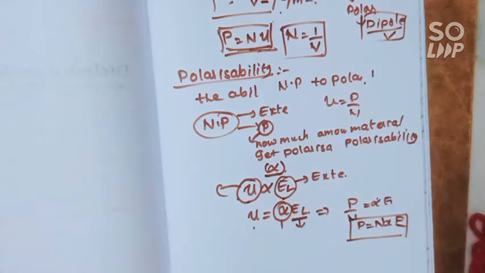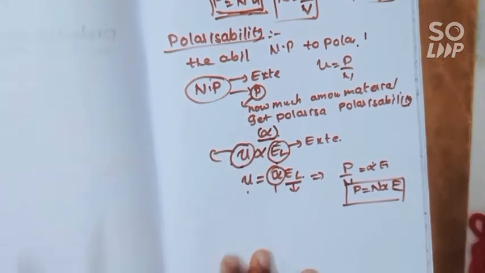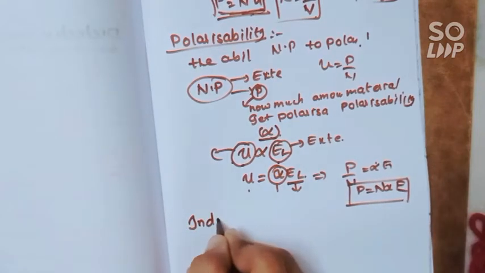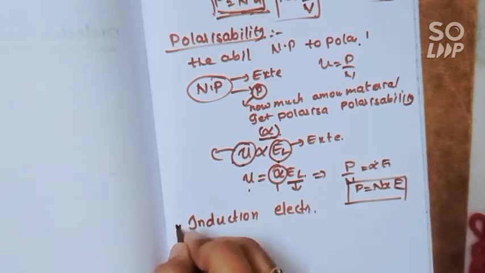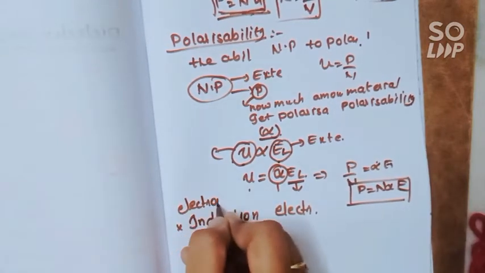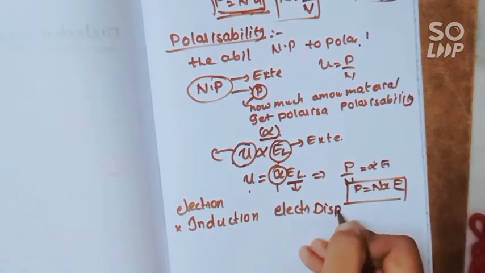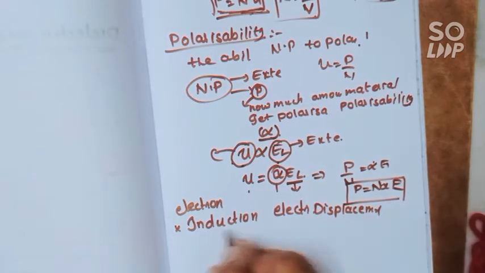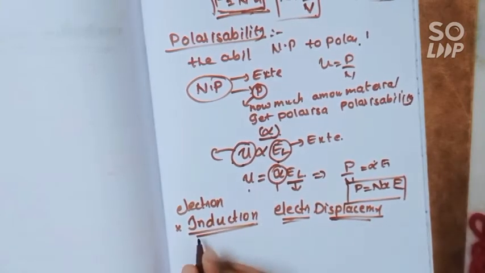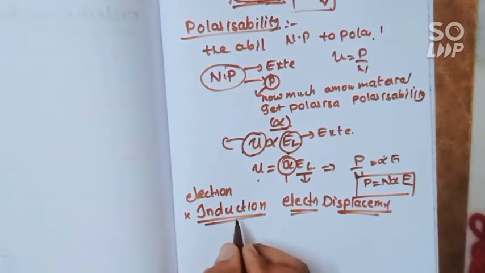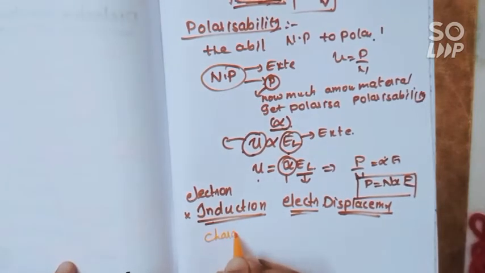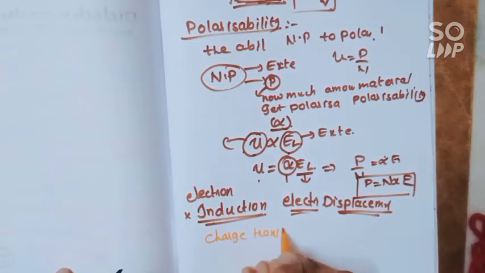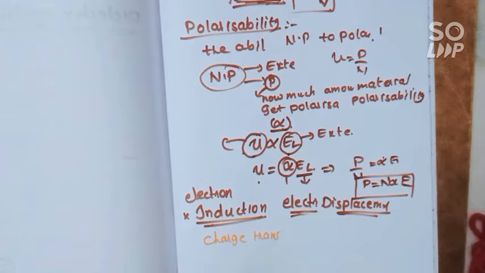Next we discuss induction. What is induction? What is electronic displacement? We need to know about these topics first of all. Induction is a transfer of charge, but not by contact between two bodies.